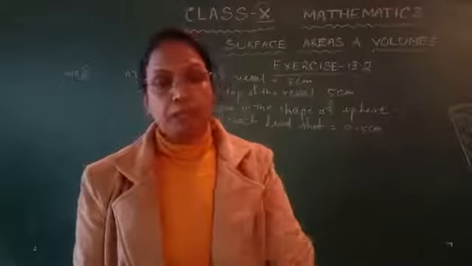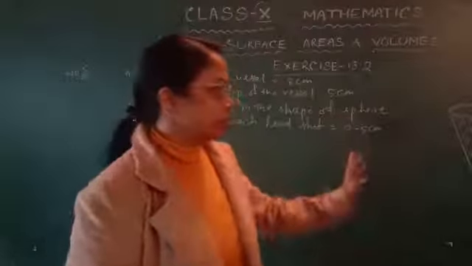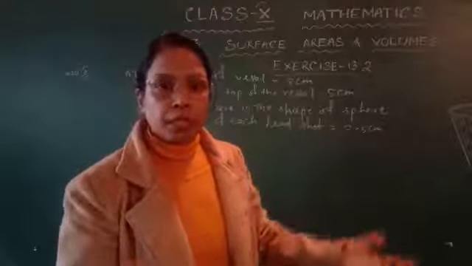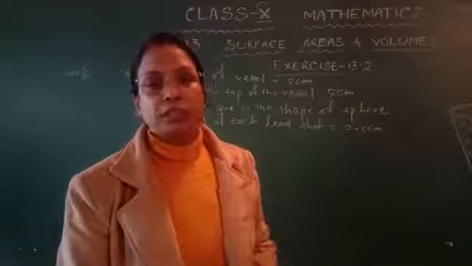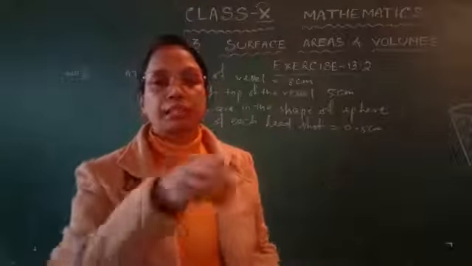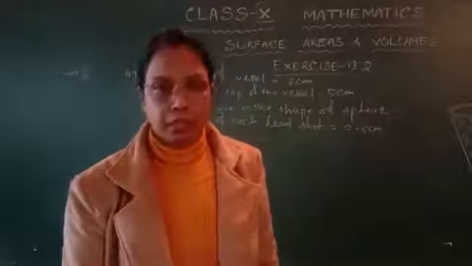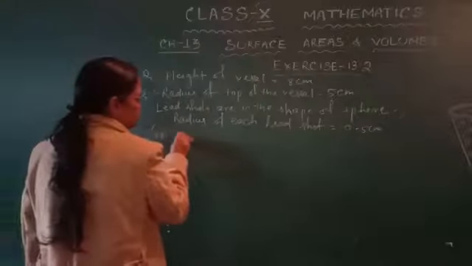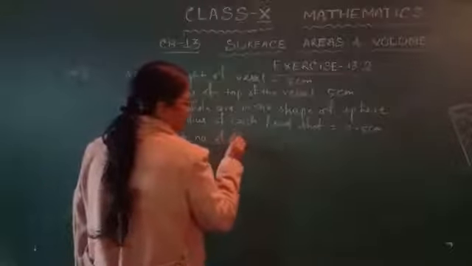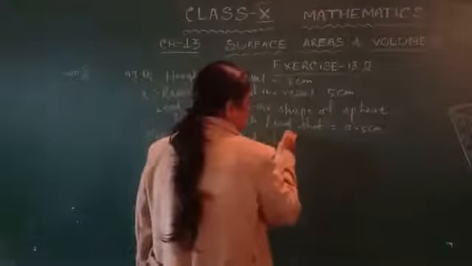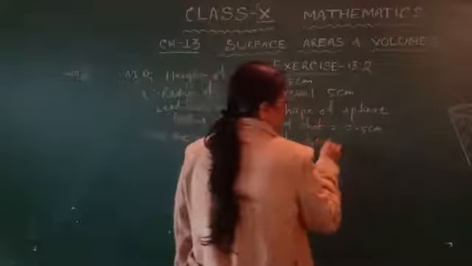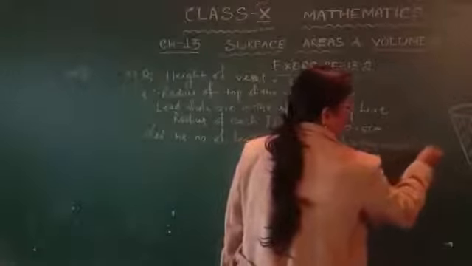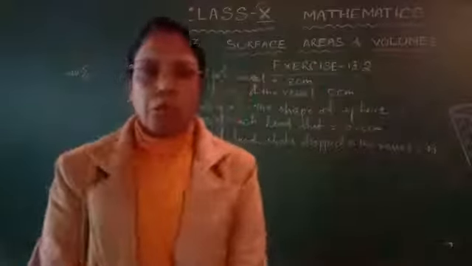According to our question, when lead shots are dropped inside the vessel, 1/4 of the water flows out. So let us assume the number of lead shots dropped inside the vessel is n. Okay, so let the number of lead shots dropped in the vessel be n.